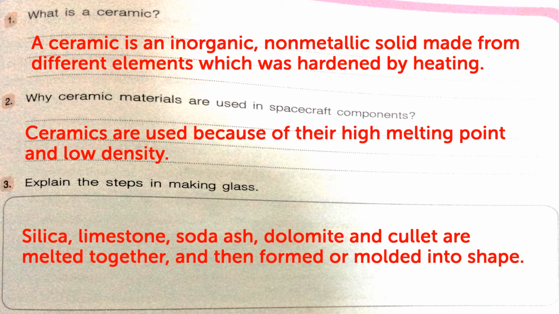You have to prepare your raw materials: your silica, limestone, soda ash, dolomite, and cullet, and then you are going to mix and melt them together. Once it's melted, it will form a viscous liquid, something like a gelatin look-alike liquid or a honey-type liquid, wherein that viscous liquid is formed or molded into the desired shape.